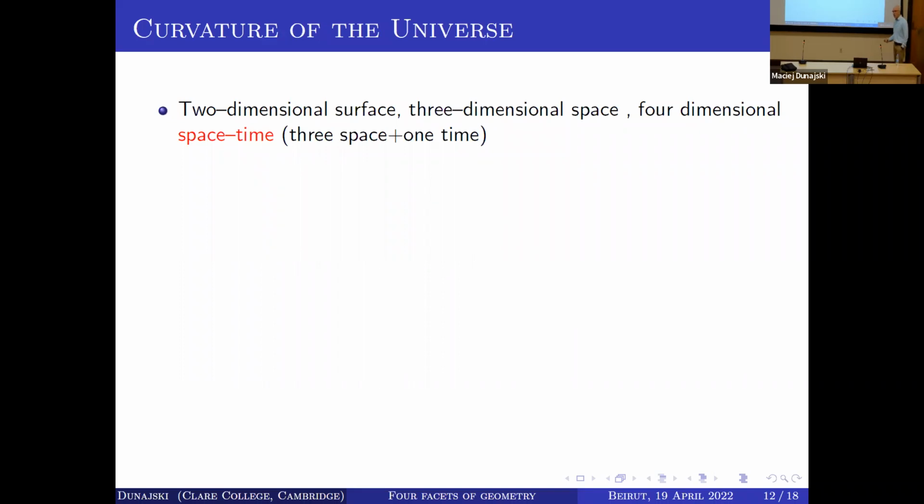And according to Einstein's theory of relativity, the universe is represented by a 4-dimensional space-time: 3 space and 1 time dimensions. But Einstein tells us that rather than thinking of this as 3 + 1, we must think of it together as a 4-dimensional entity. So the difference between space and time is blurred in Einstein's theory.